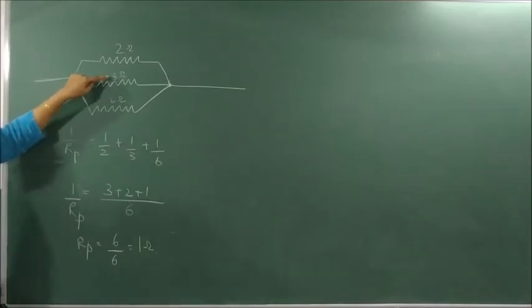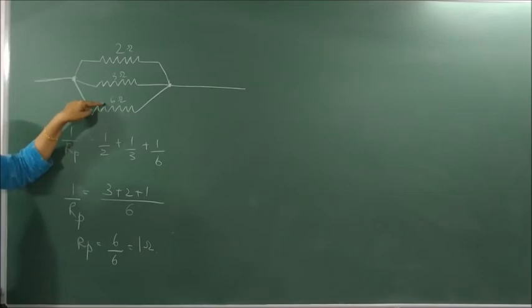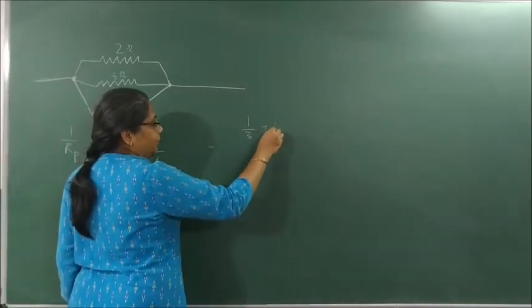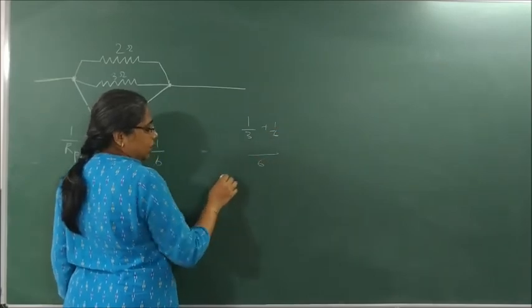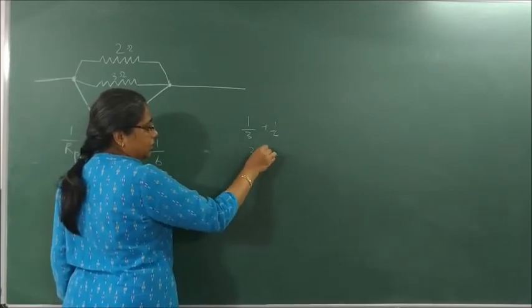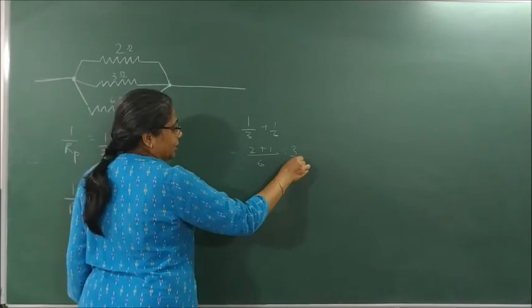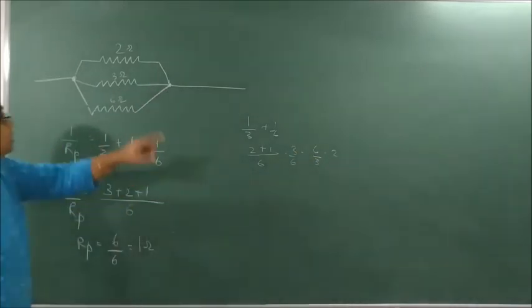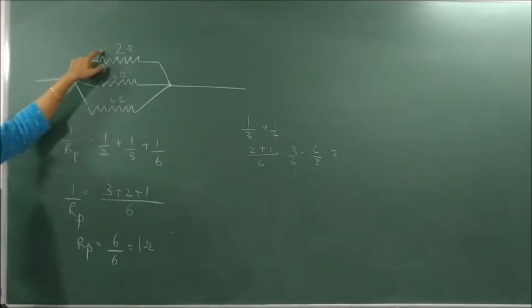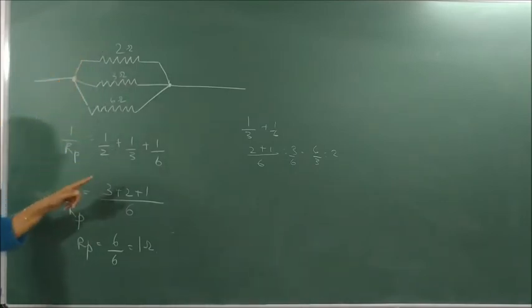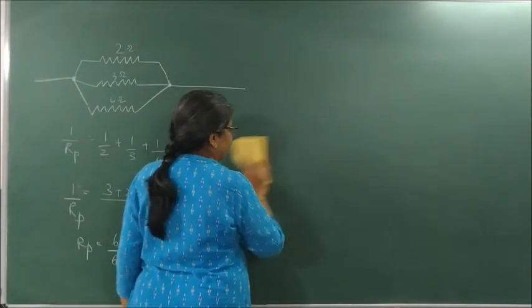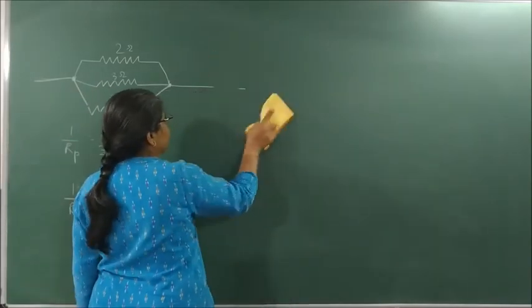So 1 by 3 plus 1 by 6, multiply by 6: 2 plus 1, so you get 3 by 6, which is 6 by 3, it is 2. And that 2 and that 2 can be connected in series, so it becomes 4 ohms. So like this, by trial and error method, you will have to find out.